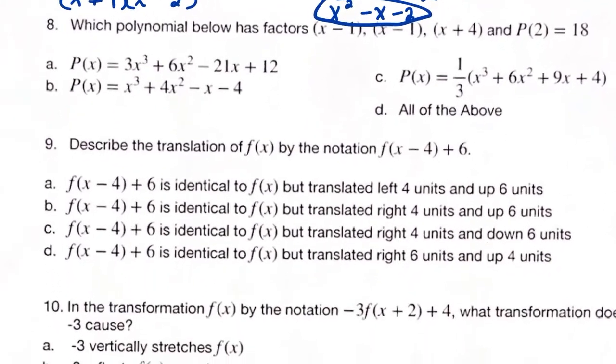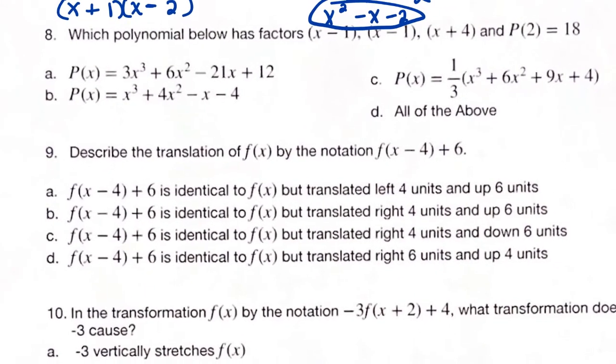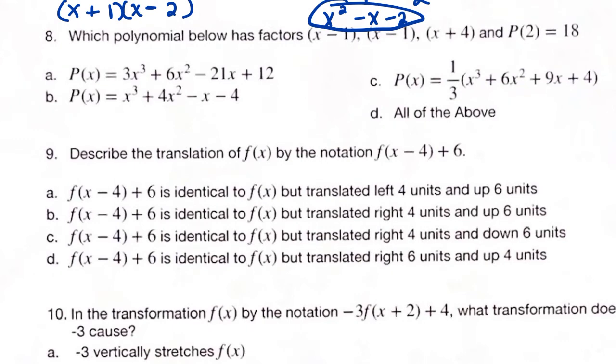Problem 8. Which polynomial below has these factors? Now, depending which class you're in, you may or may not have had to do that. For some of the classes, I think after third hour, or maybe in third hour, we took this number 8 out and replaced it with a second problem at the very bottom of this page.